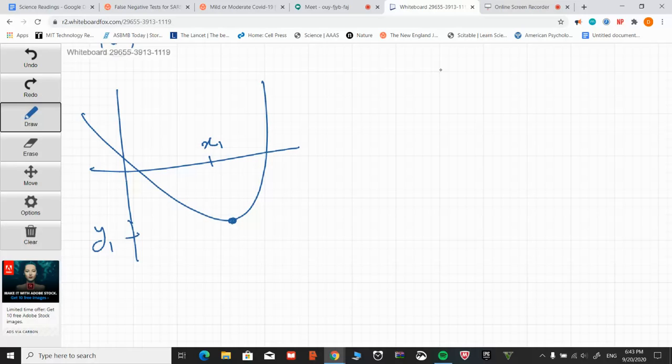Differentiation allows us to do the same thing. Okay, and the basis of this is the idea that if you have an equation y equals to something, dy by dx gives you the gradient of the tangent of the curve. This is something we already know.